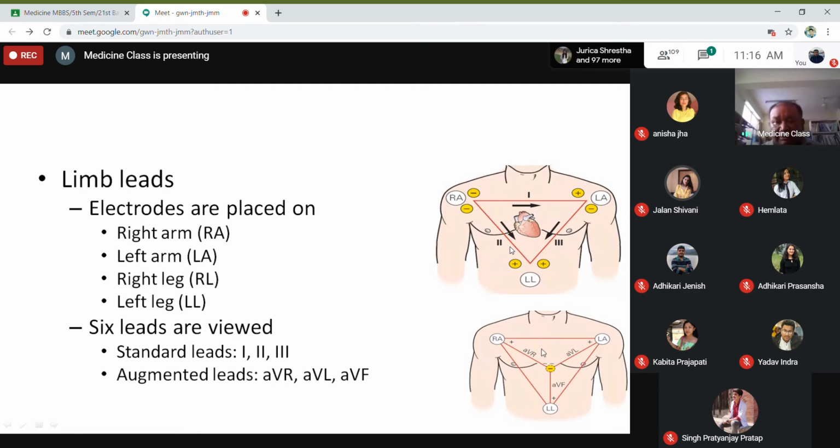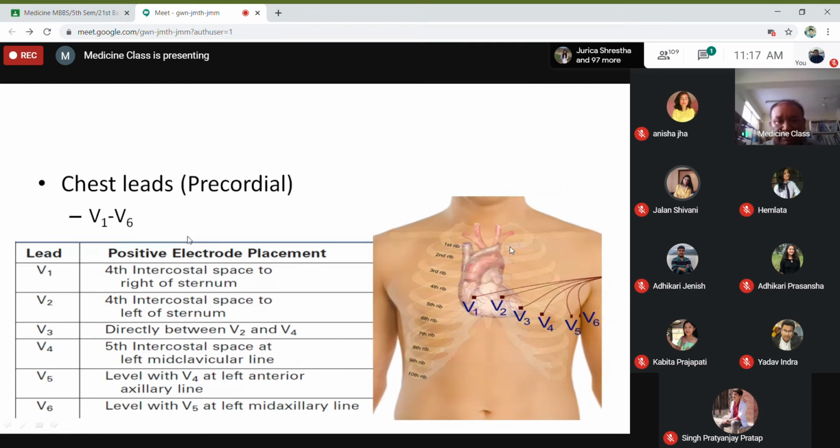In the chest leads, we start with V1 to V6, and placement of the chest leads is very important. V1 is placed in the right fourth intercostal space, just right of the sternum. V2 is kept on the same level, but just left of the sternum.